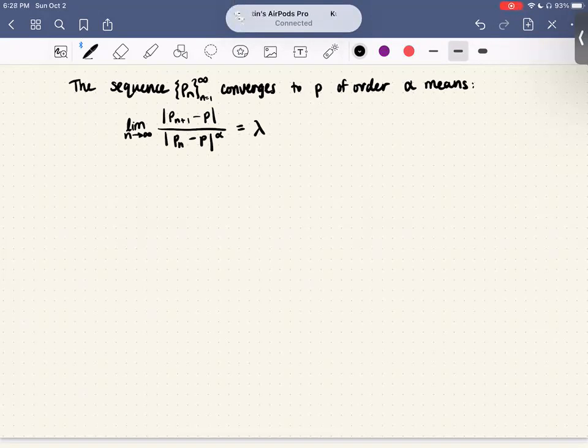Okay. So just a few things to point out here. This p is the limit of the sequence. Okay. This alpha is what we're calling the order of convergence.